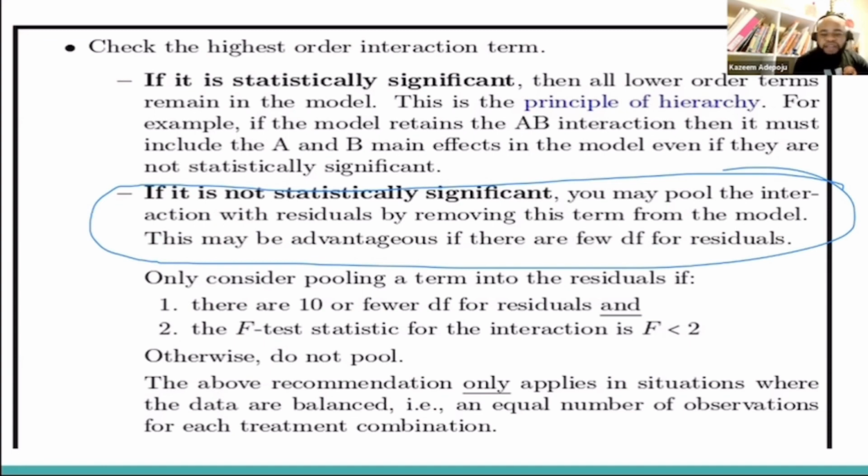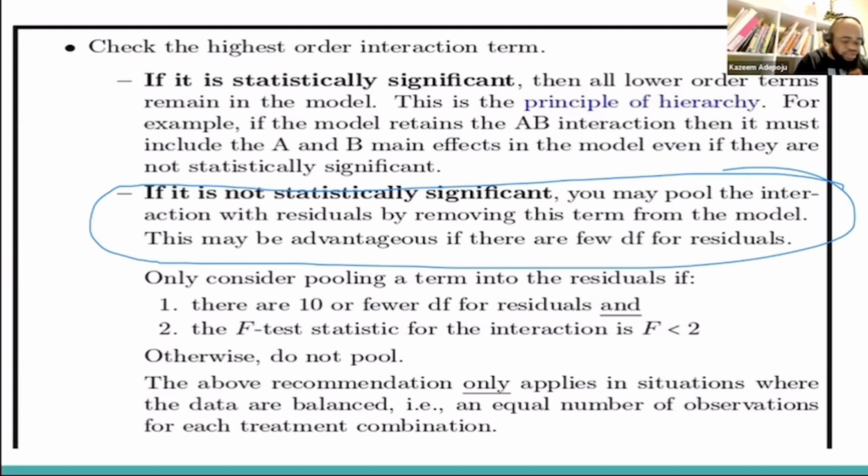So if the interaction is not significant, we can pull it into the residuals, and pulling that into the residual means you're actually removing it from your model.